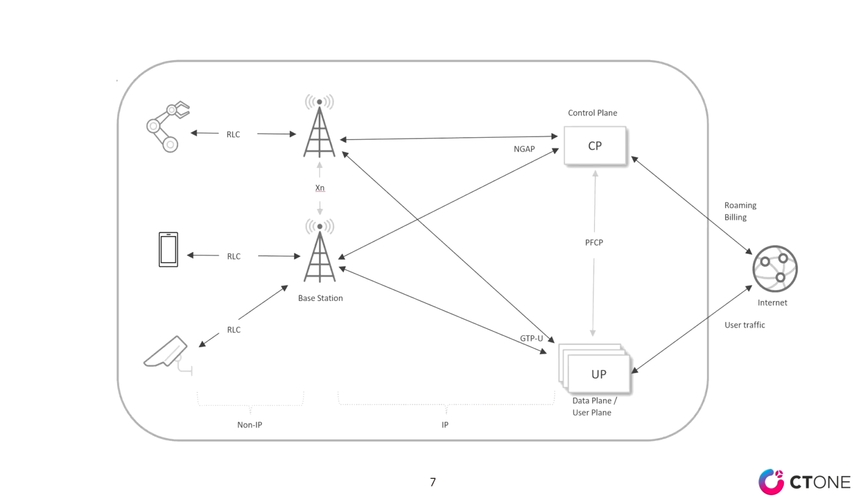Let's take a little more detailed look at the packet core. It's not necessary to understand all the details in this diagram. This part is the packet core, and what I want to show here is that the packet core is divided into 2: control plane and data plane.